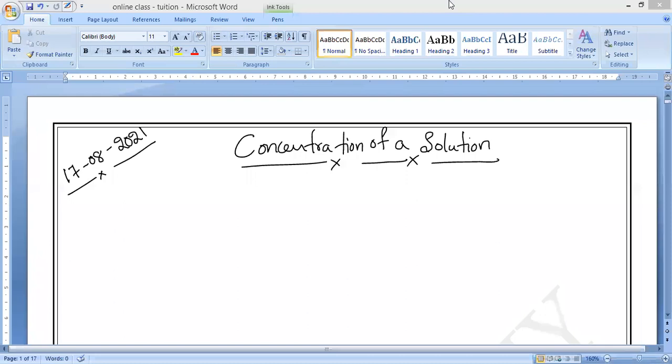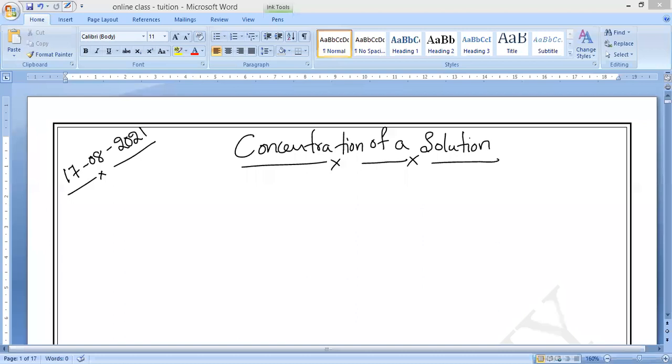So, as we come to know here, in today's class, we will continue how to calculate the concentration of a solution. Suppose if a given solute is solid, then how to calculate? If a given solute is liquid, then how to calculate? We'll see it. So, when it comes to the concentration of a solution, suppose a small amount of solute is dissolved in one, and in another a large amount of solute is dissolved.